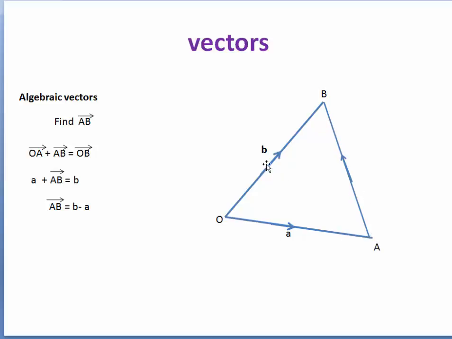So this is treated as our resultant vector. Okay, so vector OA plus AB equals vector B. So A plus AB equals B. So vector AB equals B, which is, like we said, the resultant vector, minus A.